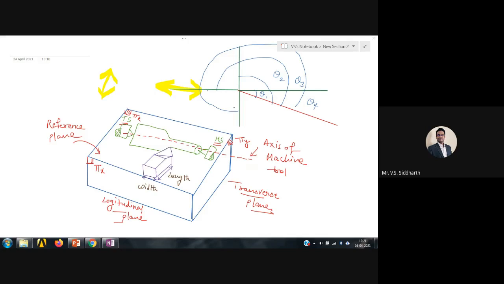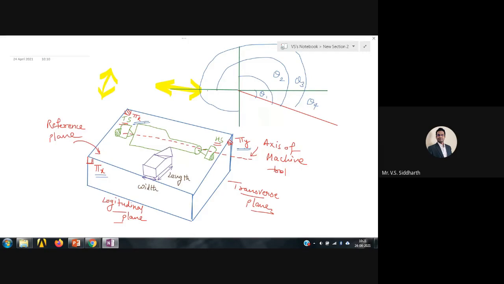Why is it known as the machine reference system? Because here we are measuring the angles with respect to the planes of the machine. So which are the planes of the machine? This pi x is one of the planes of the machine, this pi y is one of the planes of the machine, and this pi r is one of the planes of the machine.